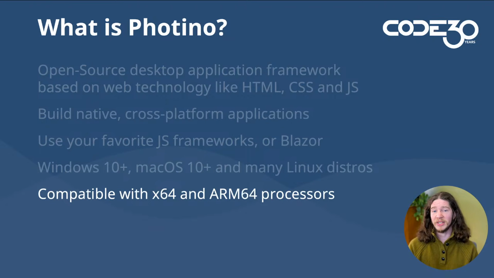Our native libraries that we distribute with Photino are all compatible with x64 and ARM64 processors for all operating systems, including Windows ARM64 and macOS ARM64, for example, for your Apple Silicon lovers out there like I am, and all of this is currently running on macOS, if you're wondering.